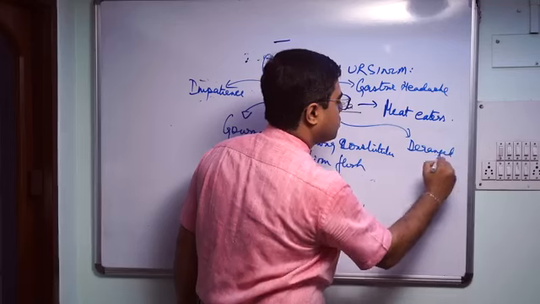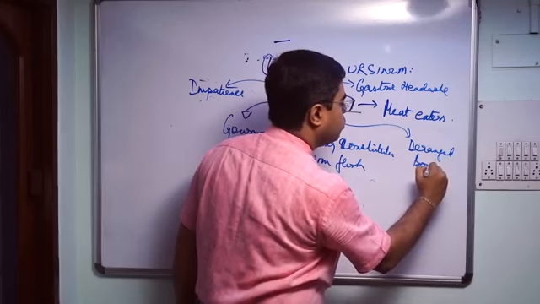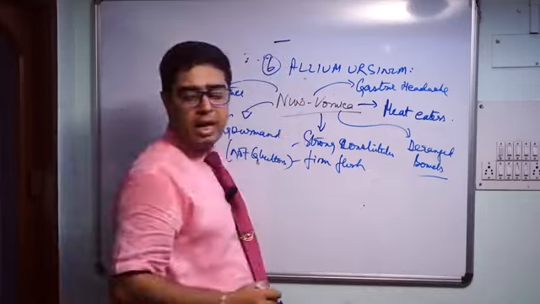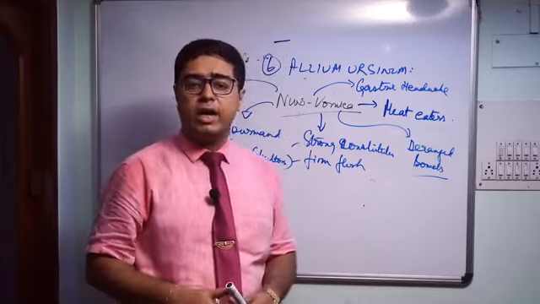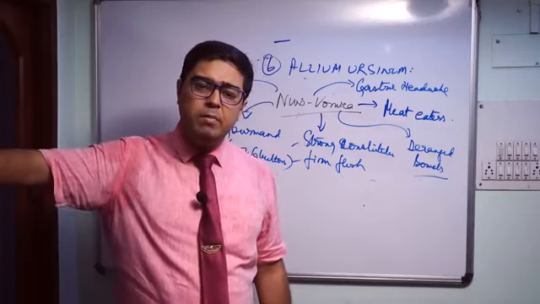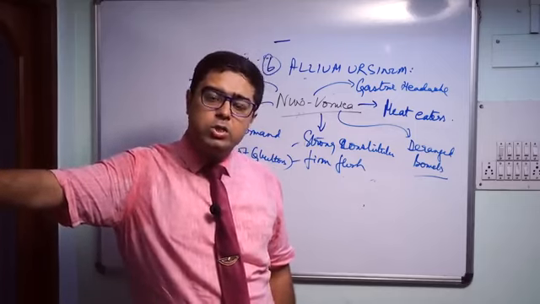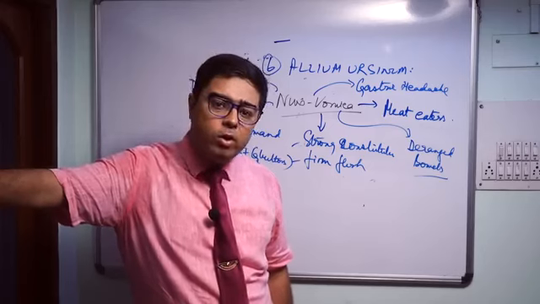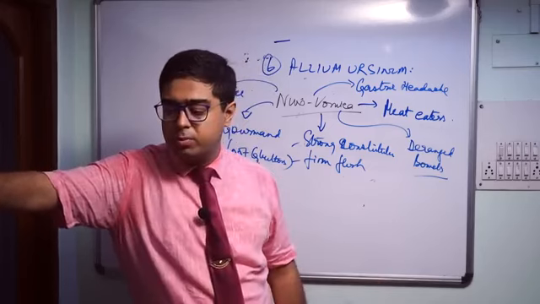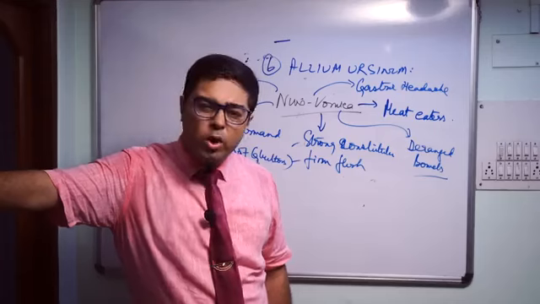So either there is constipation or there are loose stools, so deranged bowel movement. And why is that? Because of irregularity of diet. Like Nux vomica, the meal timings are not correct, not regular, so there is irregularity of diet, and that irregularity of diet causes the derangement of the bowels. So chronic dyspepsia.